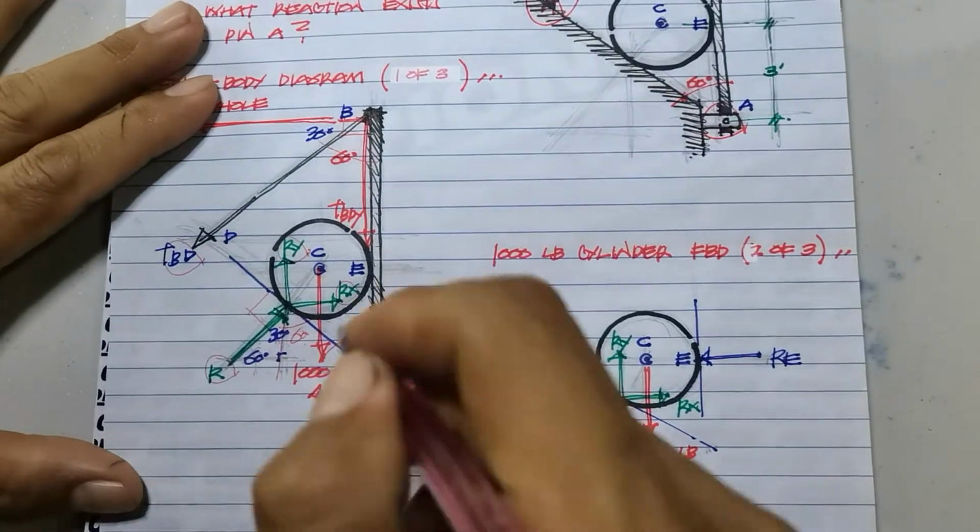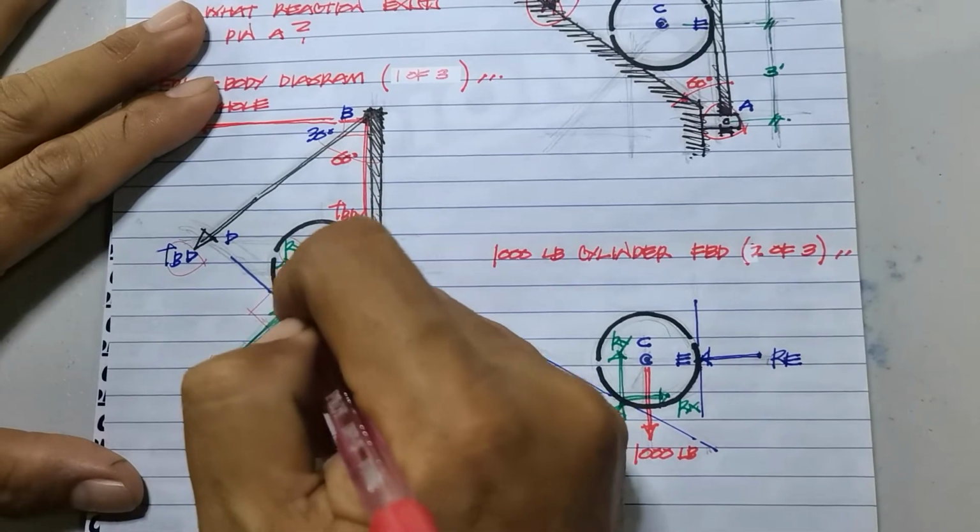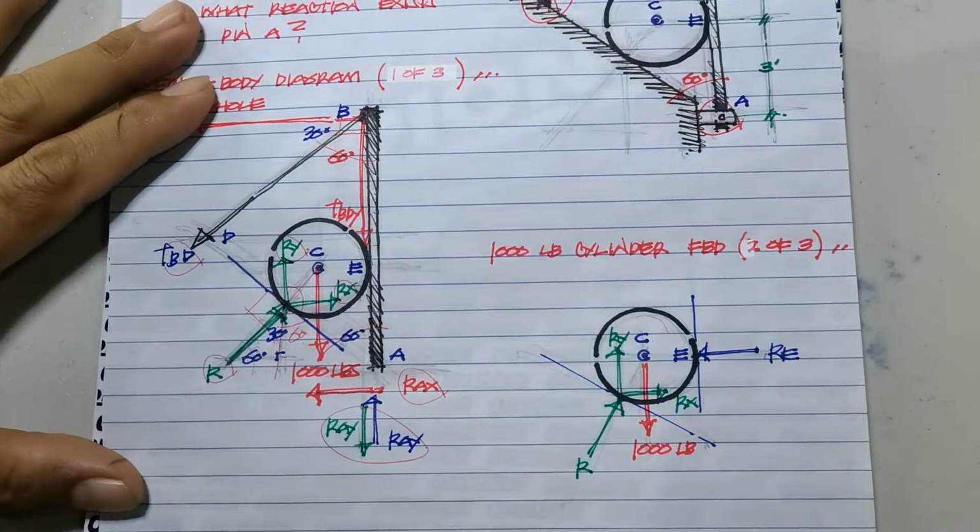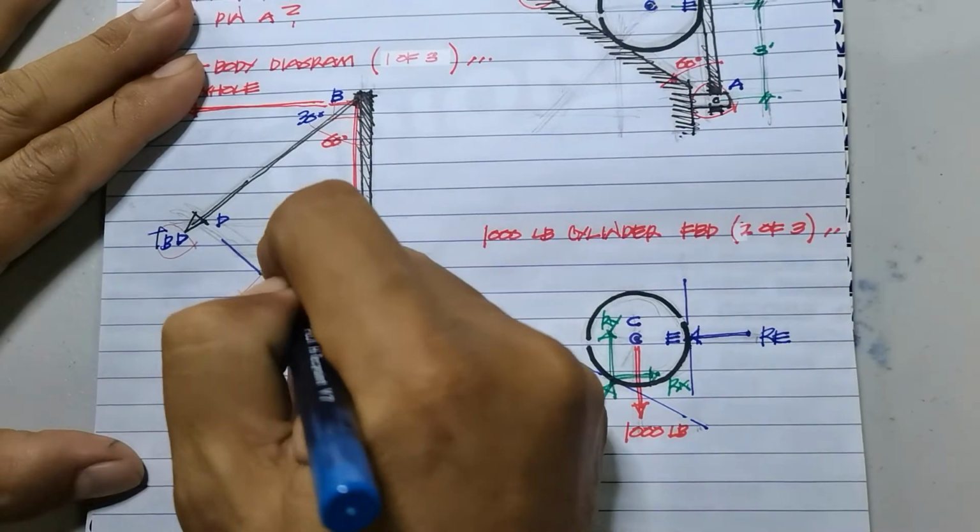So, if this is 60, this is also 60 degrees.